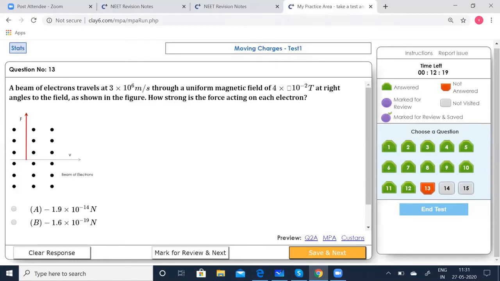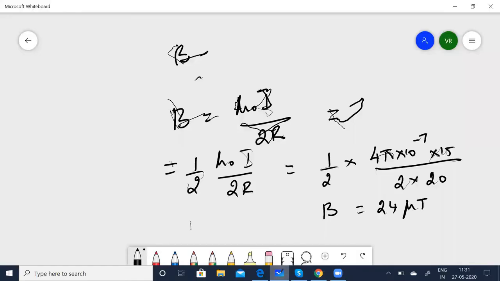Now, children, force F on the beam is opposite to the force given by the right hand rule. So, due to the electrons, now we know electrons have negative charge. We also know that the charge of the electron is 1.6 into 10 to the power of minus 19 coulombs. So, in this case, we have to reverse the sign.